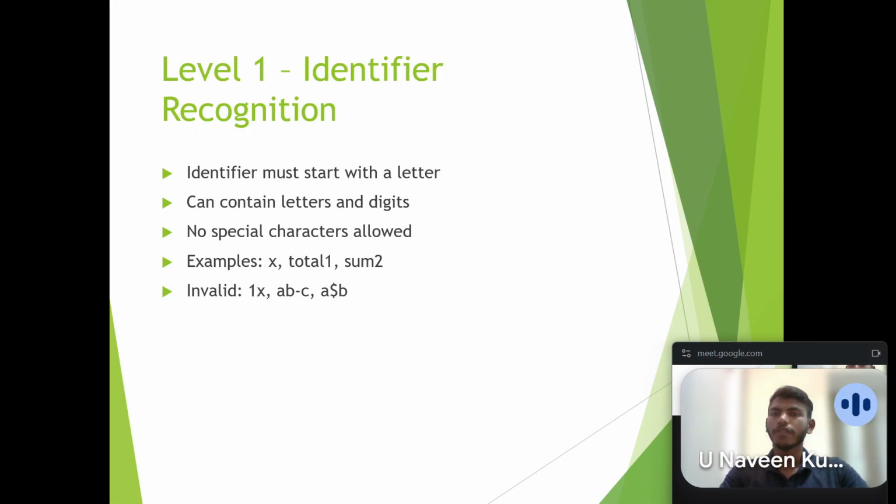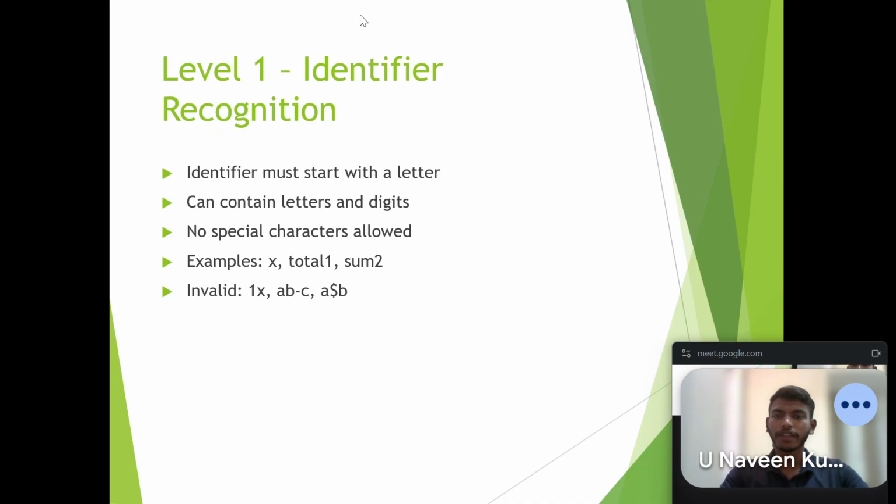Next slide, we have level 1: identifier recognition. First point, an identifier must start with a letter, meaning variable names cannot start with numbers. For example, x is valid, while names starting with numbers like 1x and 2508 are invalid.